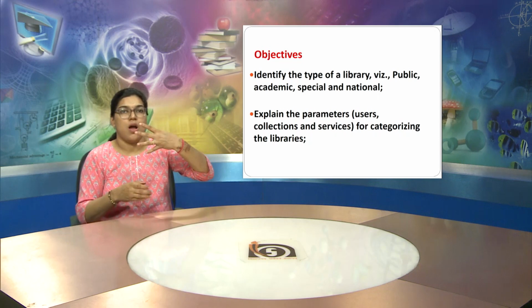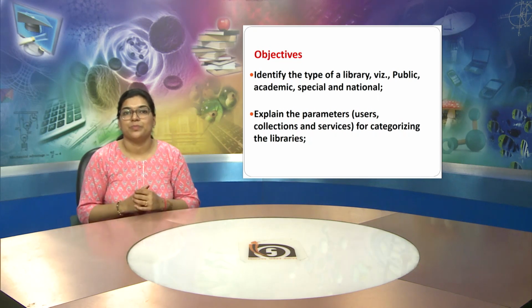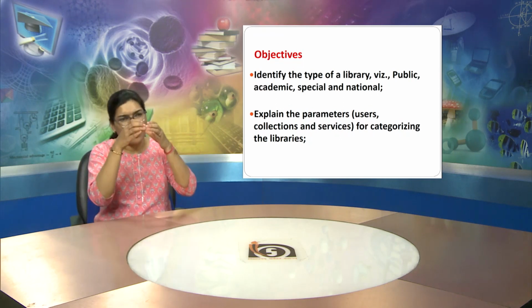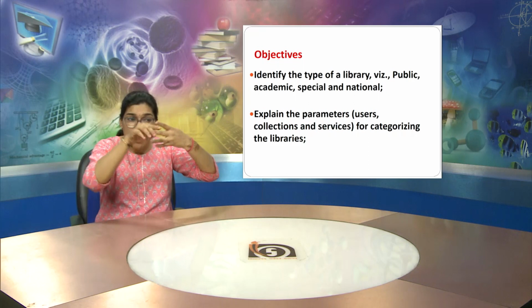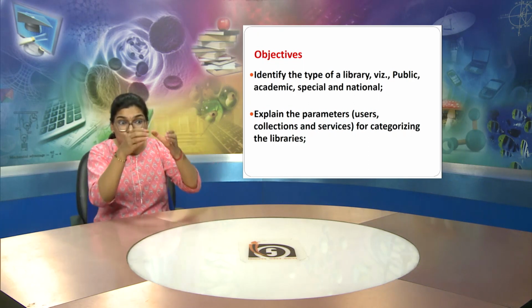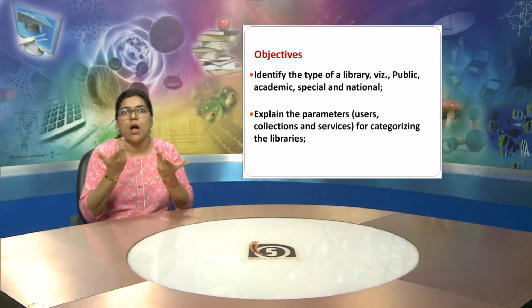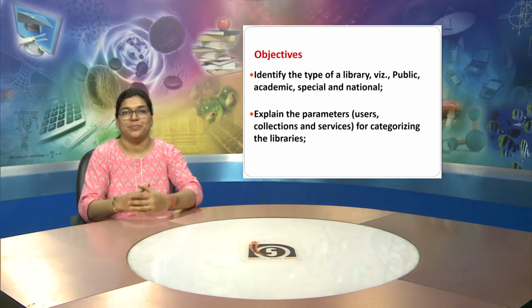So mainly there are 4 categorizations we will discuss in detail. And the second objective is in continuation of the first objective. In the previous objective, we had understood the 4 different types of library. So in the second objective, we will explain all the parameters.